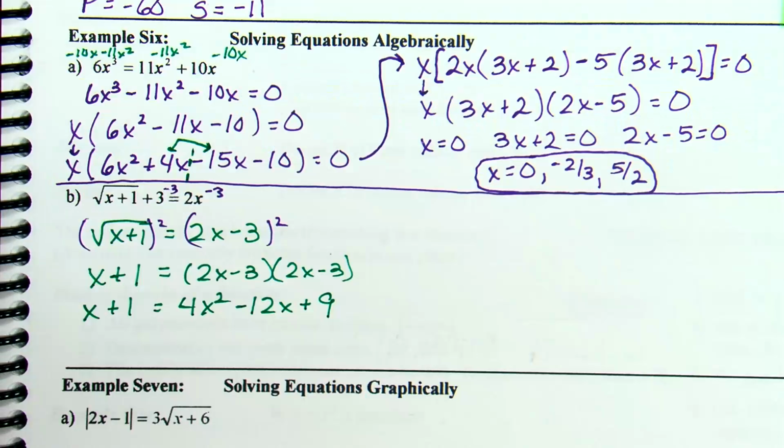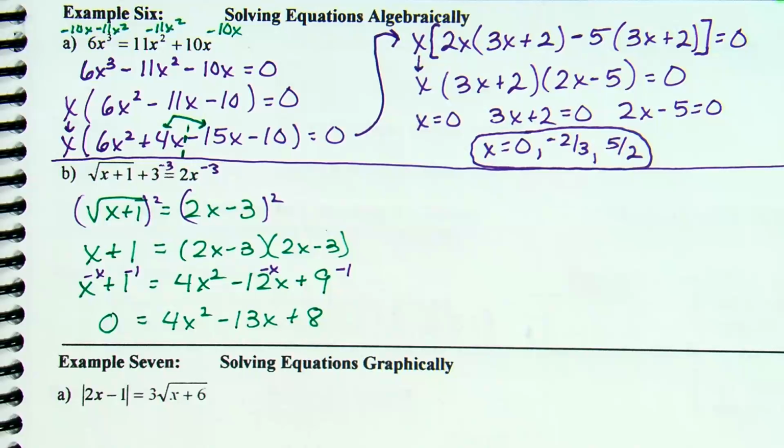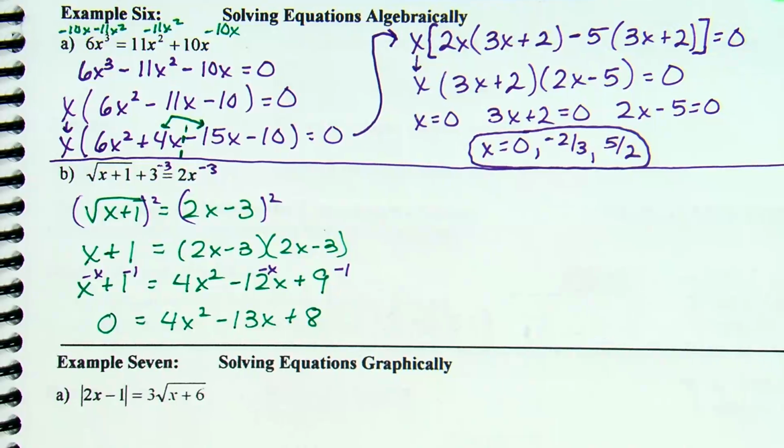Okay, go ahead and make it equal to 0, which I'm going to keep positive 4x squared, so I'm going to subtract x and subtract 1. So 0 equals 4x squared minus 13x plus 8. And given that I only have just a couple seconds left, I would normally lead you through, okay, let's check, does it factor?